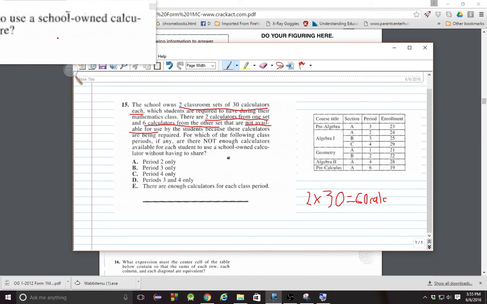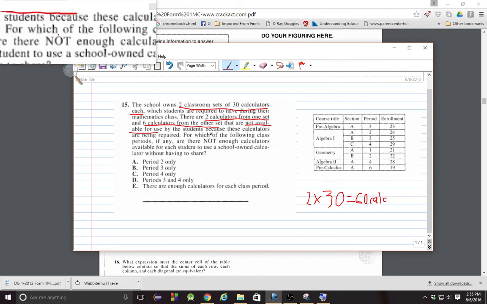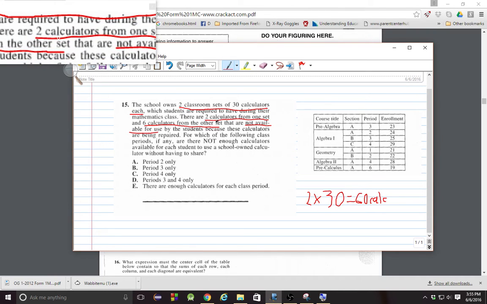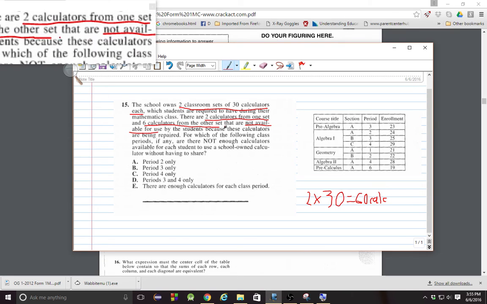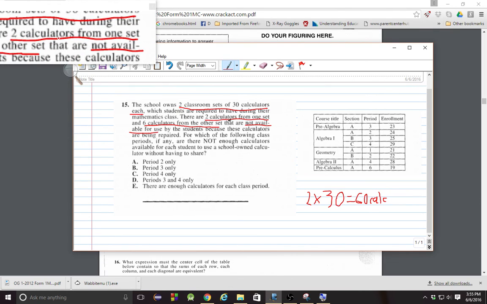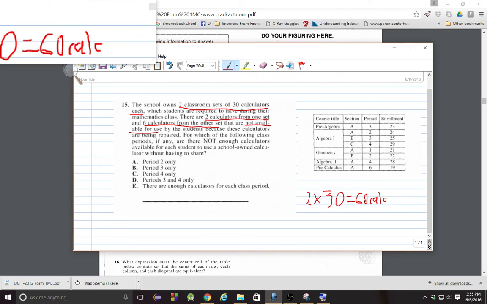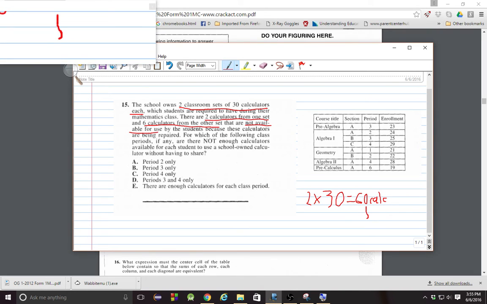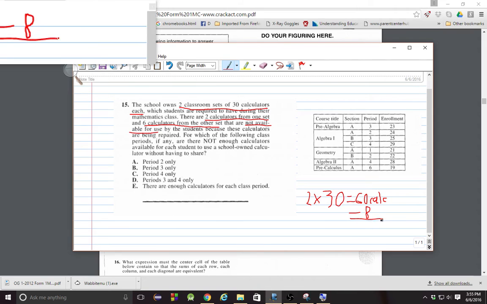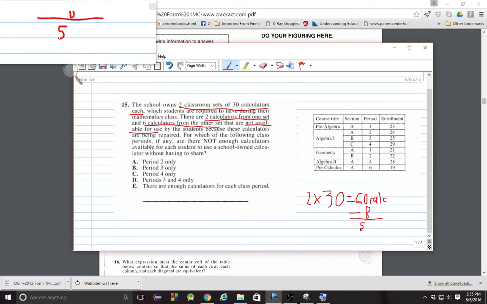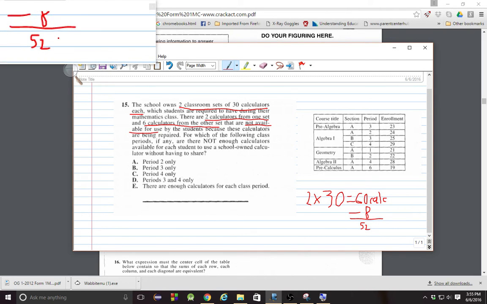So out of those, 6 are not working from one set, and then 2 are not working from the other set. So that means 8 not working. 60 minus 8 equals 52 calculators.